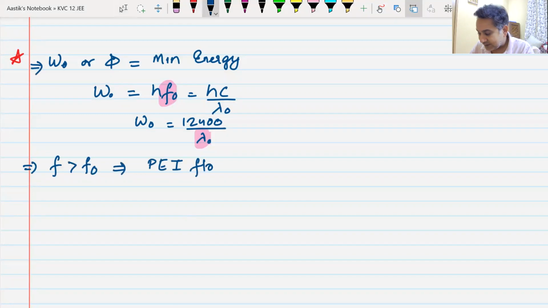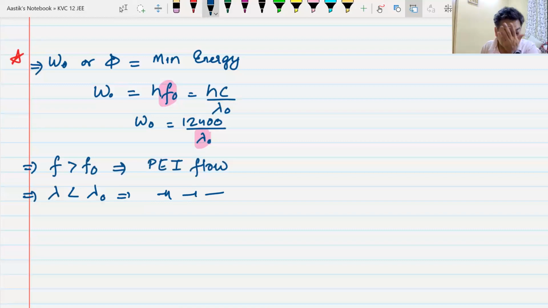If it is less than f naught, nothing happens. If your lambda is less than lambda naught, the threshold wavelength, then only your photoelectric current flows. Do we remember this?